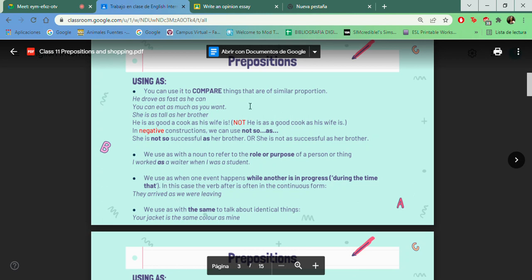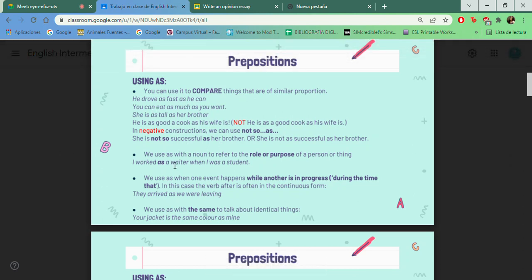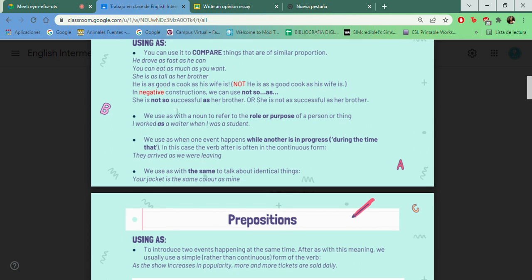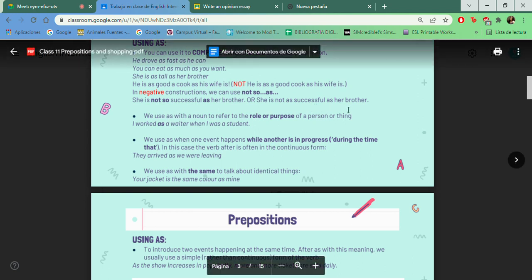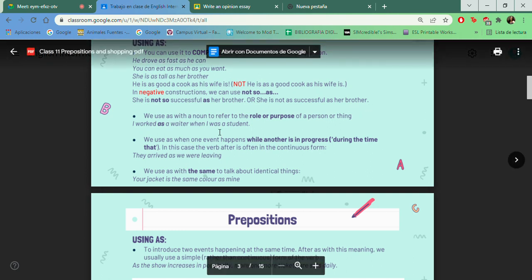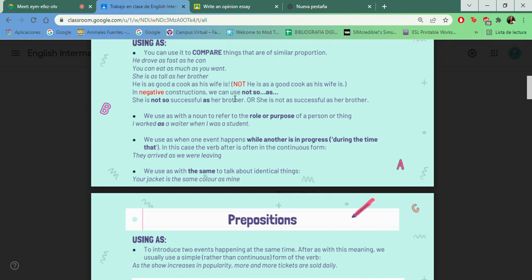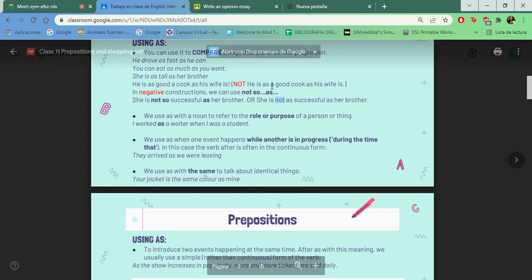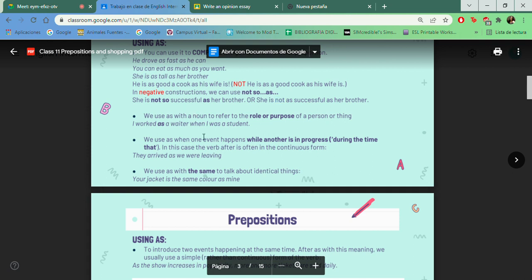Okay, the negative would be not so as. She's not so successful as her brother, or she's not as successful as her brother. You just add not to the sentence and that's it. Add not to make it negative, okay? That's it.